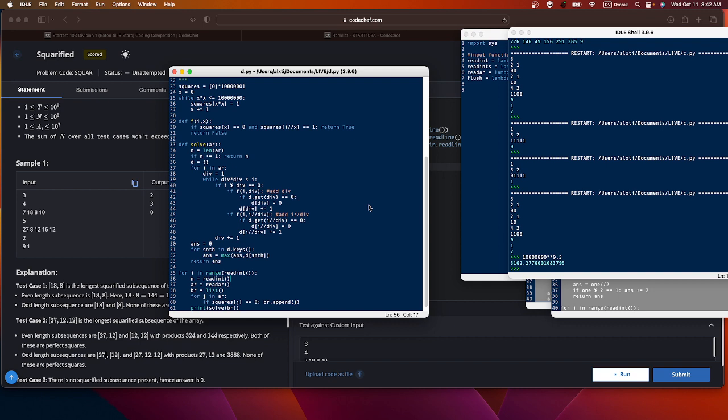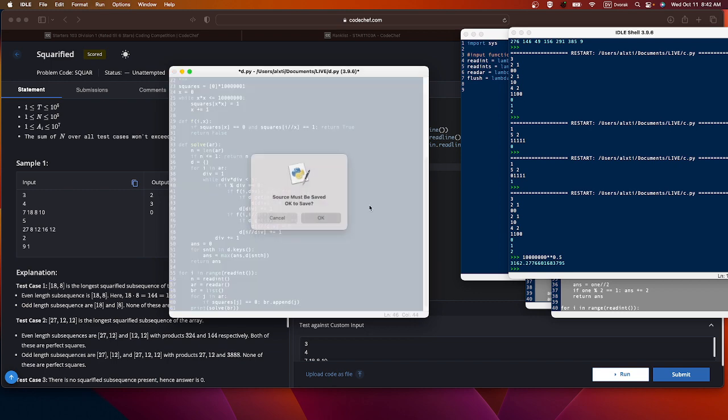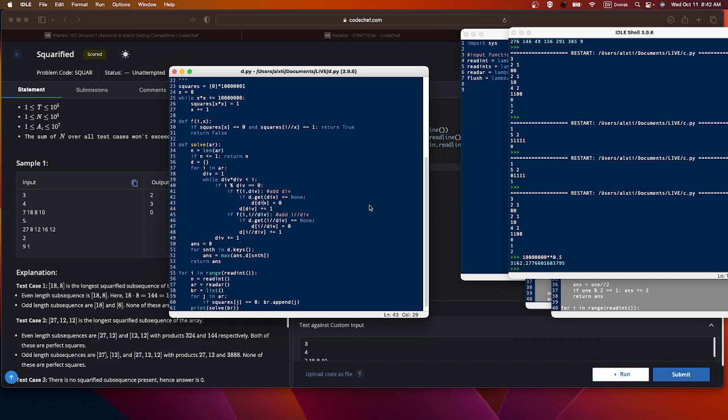What? d.getDiv is... Oh. Yeah, I'm pretty sure these are supposed to be none. Why did I make these 0? What the hell? Did I redefine D somewhere?